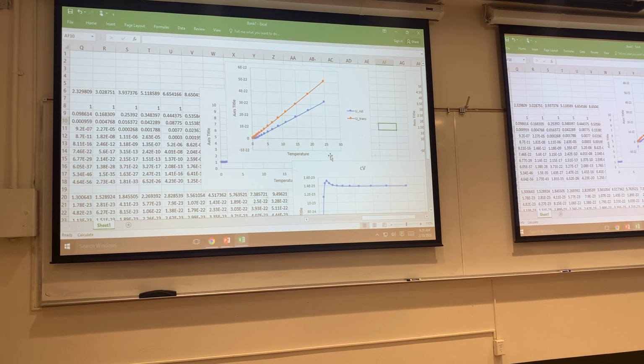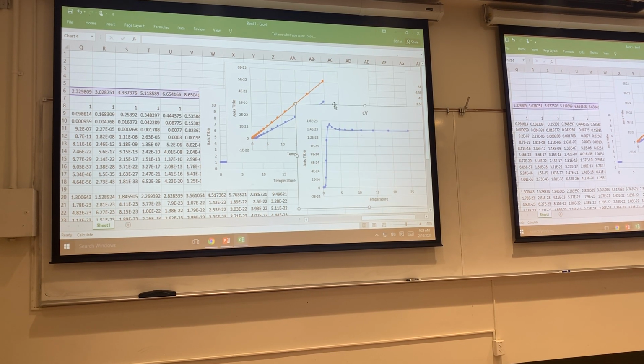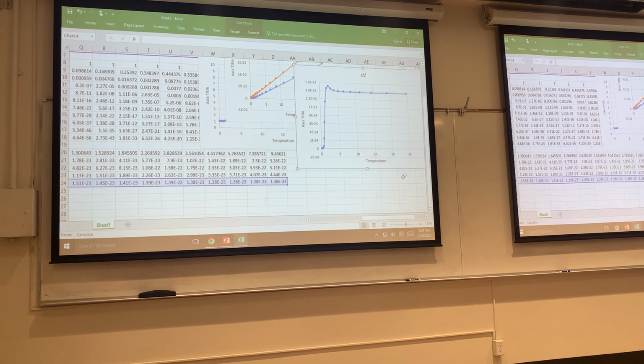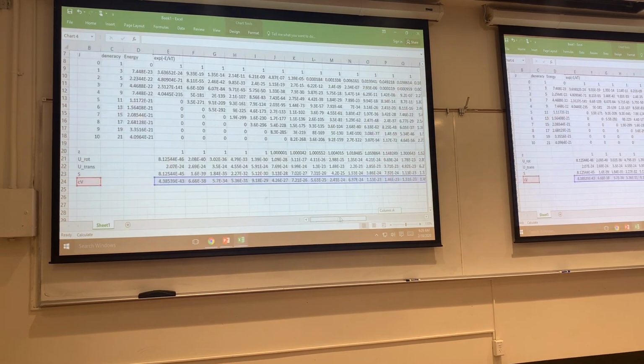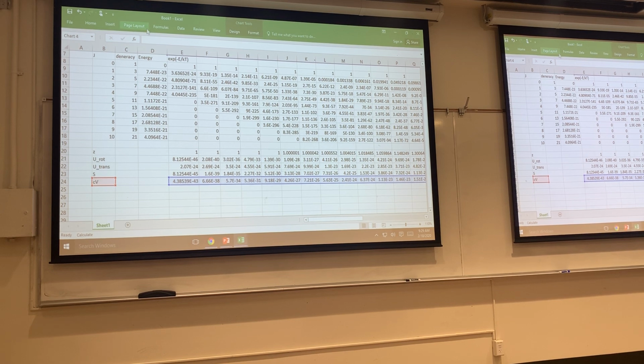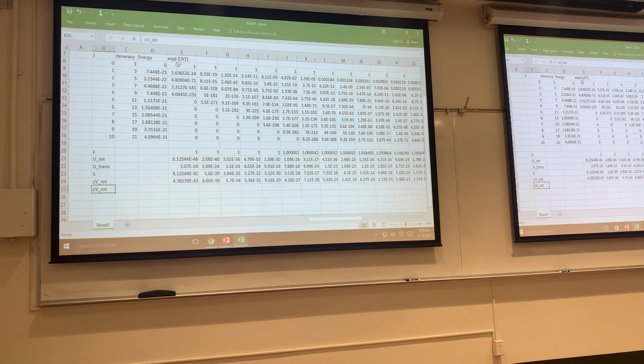Then we can also look at this graph over here and see what is the heat capacity of the system for the translation. That here was really a CV for the rotation, but we can also look at CV for the translation of the molecule, because that is trivial as well.